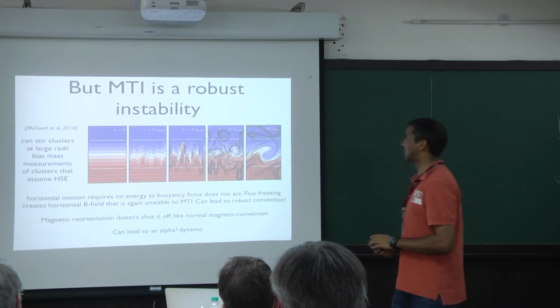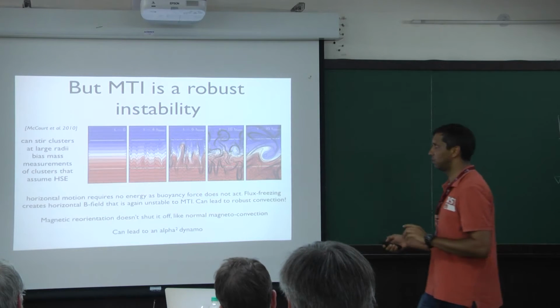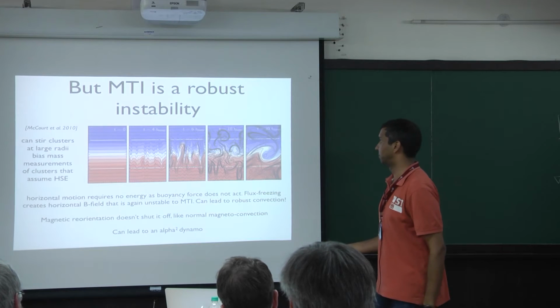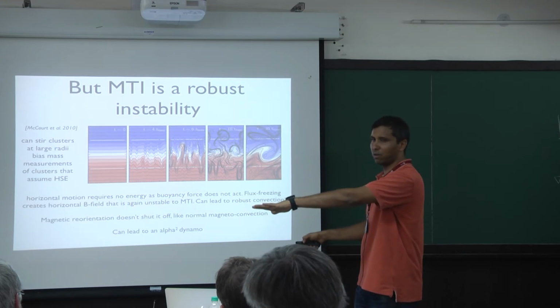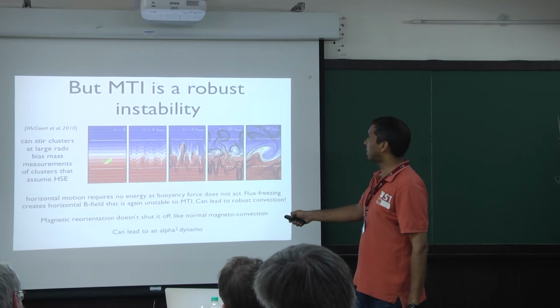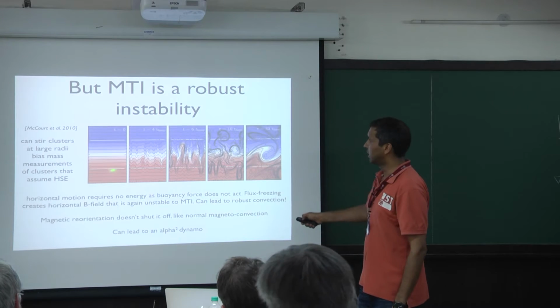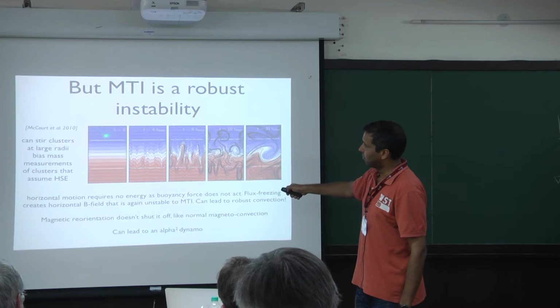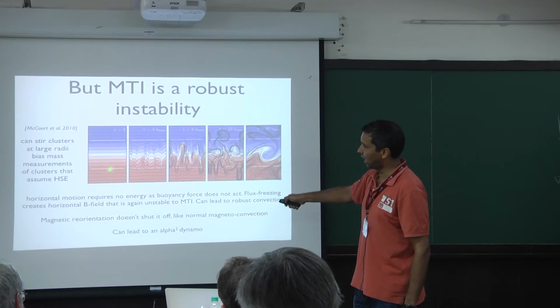What about the other instability, the magnetothermal instability, which is driven when the temperature is the maximum at the center? So in this case you start with horizontal field lines. These are also snapshots from simulations. These white lines indicate that there is a temperature gradient there, but these regions are isothermal.